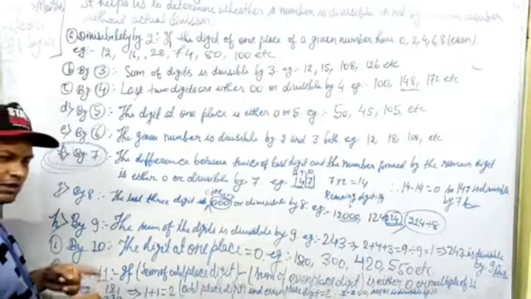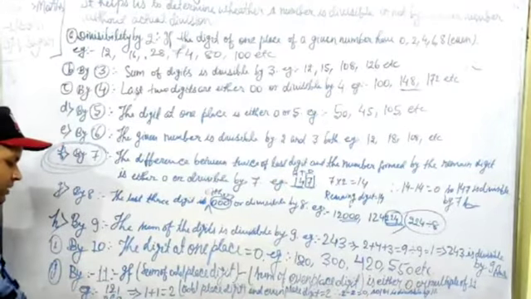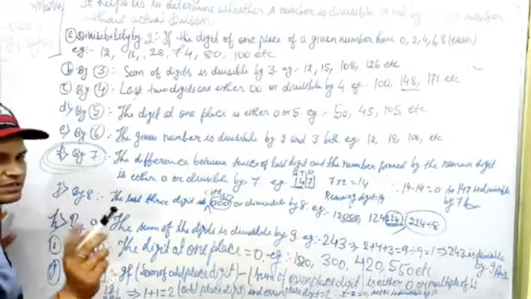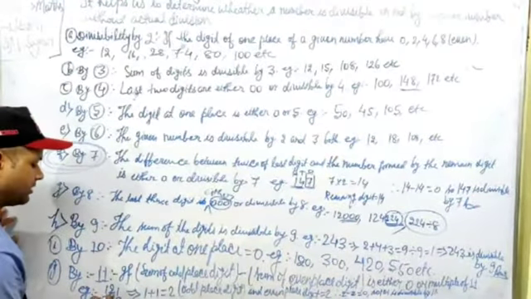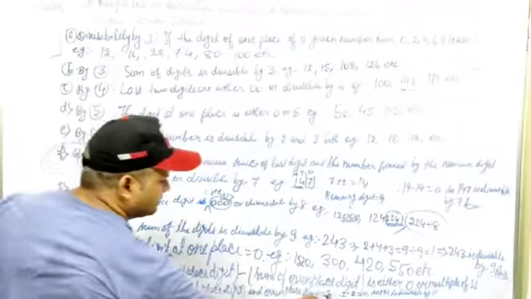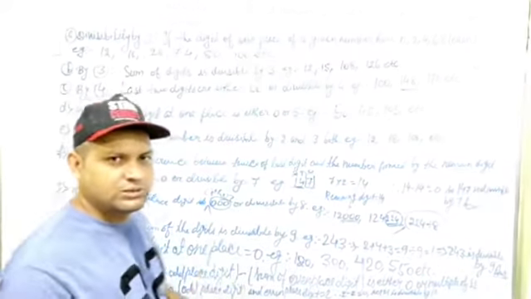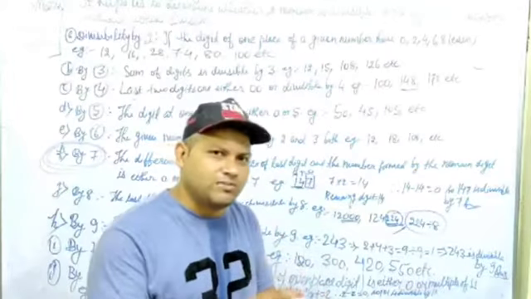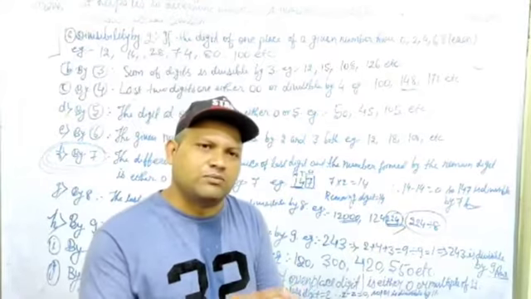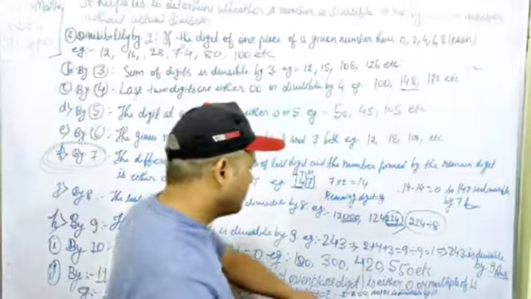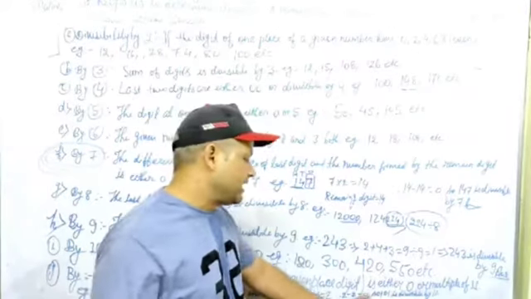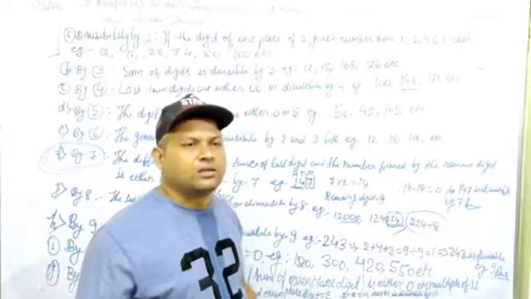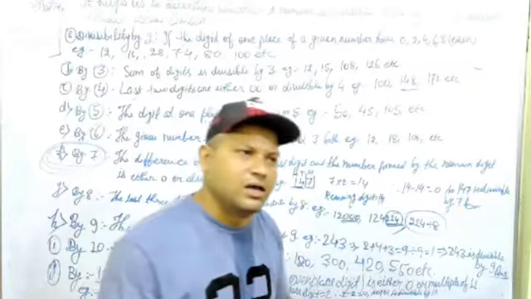So take the odd places digits first: 1 plus 1 comes to 2, and the even places digit is 2. Now we subtract the sum of the odd places digits and the sum of the even places digits. What do we get? 2 minus 2 is equal to 0. Then we can say that the number is divisible by 11.